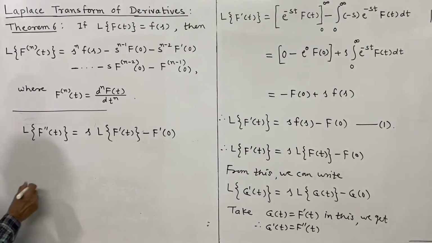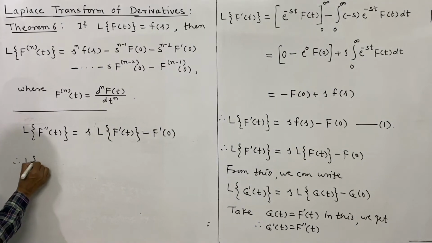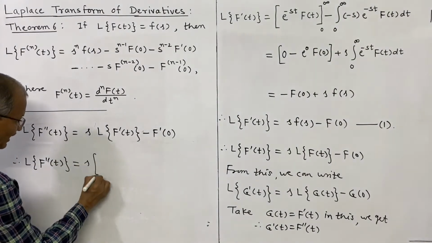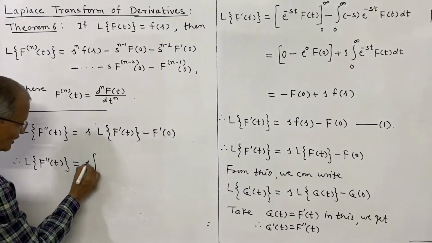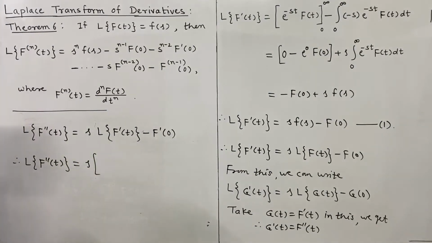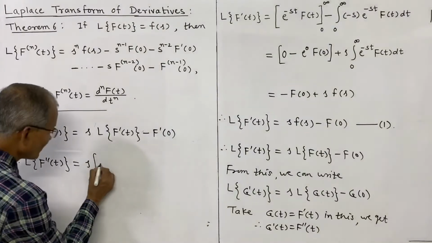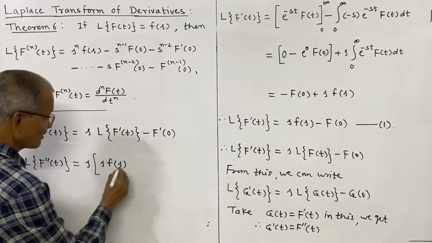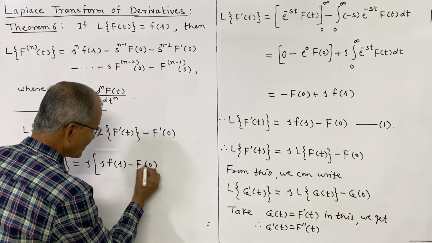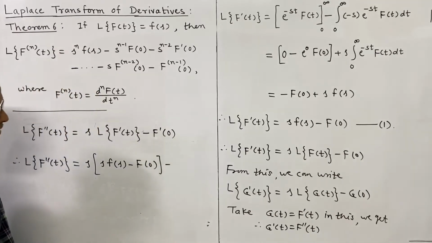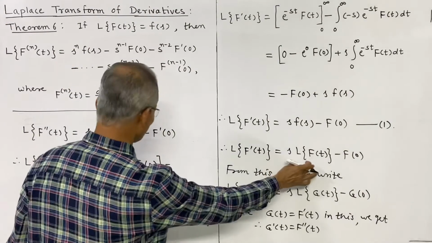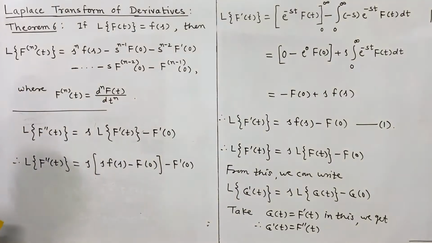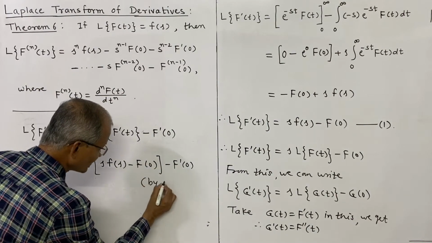So using 1, therefore L of the second order derivative of f is equal to s into bracket, s times L of f dash of t, which we are writing as s f of s minus f of 0, this much is written here in bracket, minus this term f dash of 0, same by 1, or using 1.